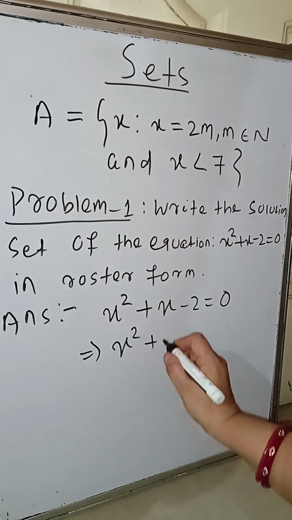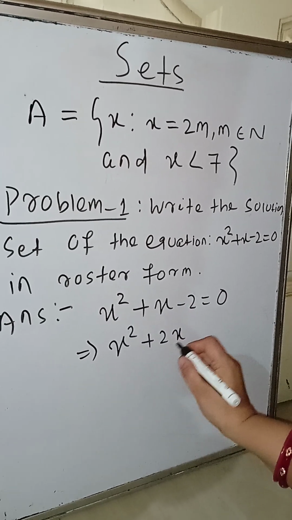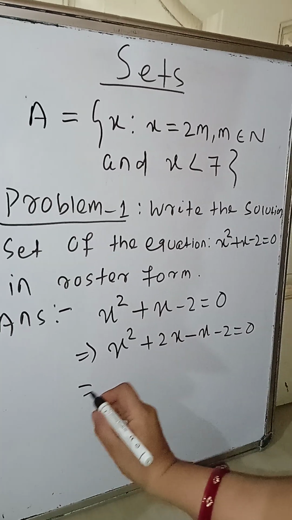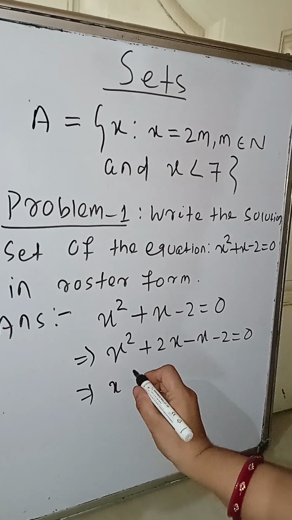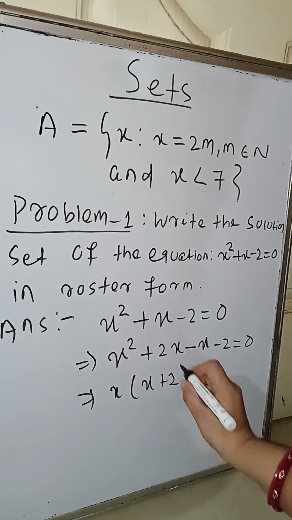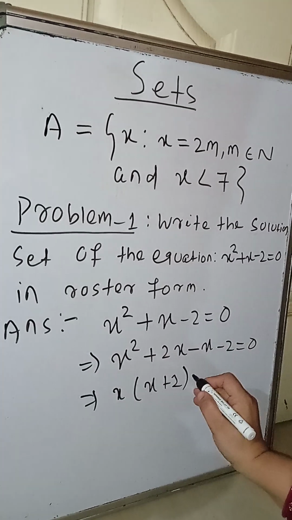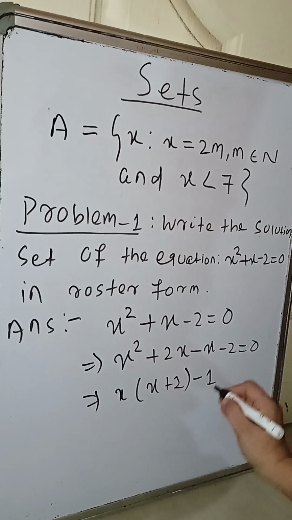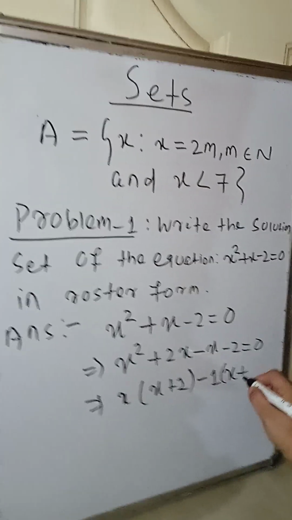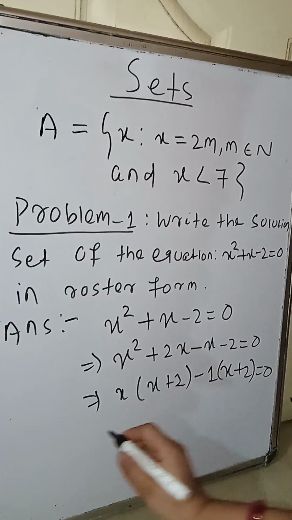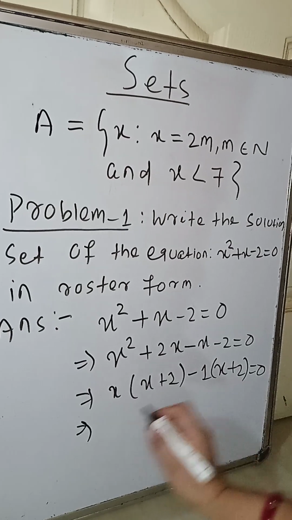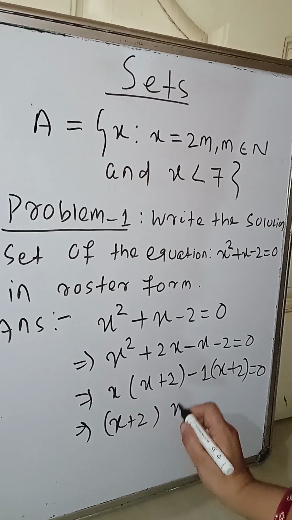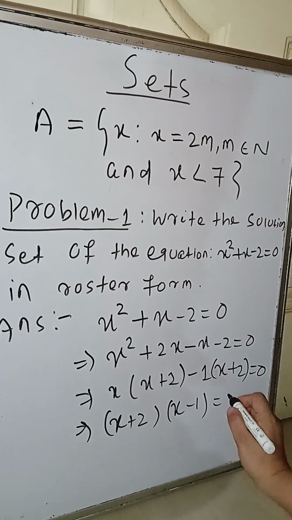x square plus x minus 2 can be written like this: x square plus 2x minus x minus 2 equal to 0, which implies, taking x as common, x into x plus 2, minus, from the last two terms taking 1 as common, x plus 2 equal to 0. Now x plus 2 is common in both terms, so x plus 2 into x minus 1 equal to 0.